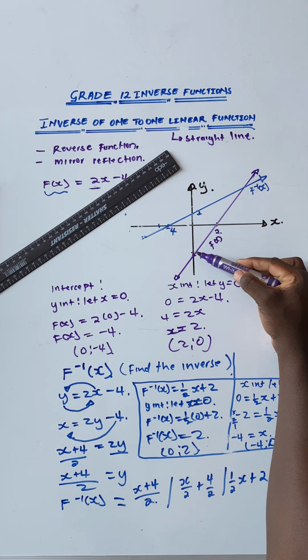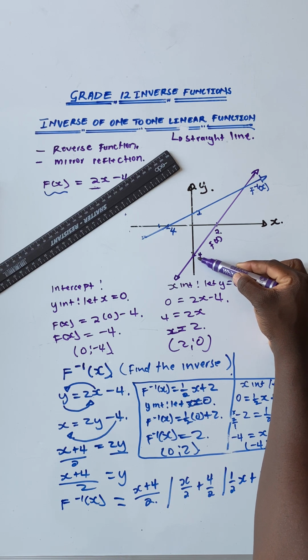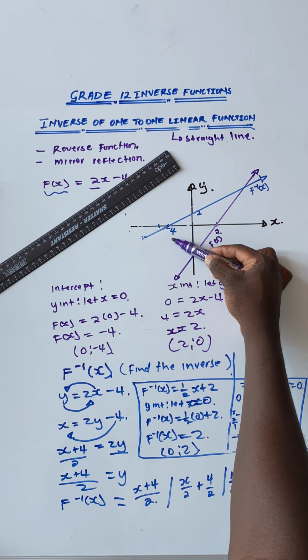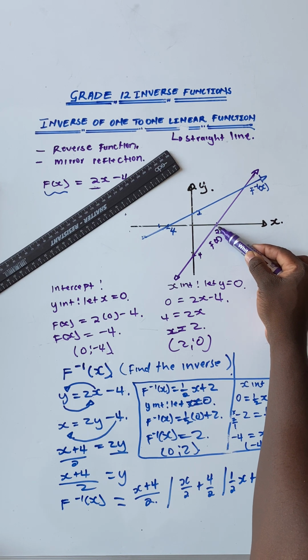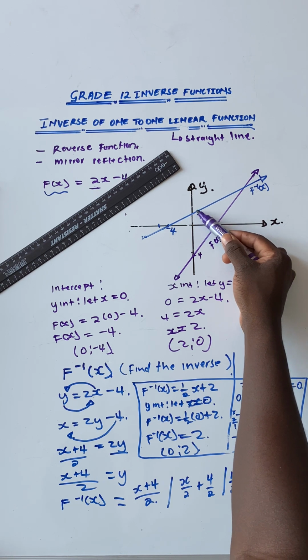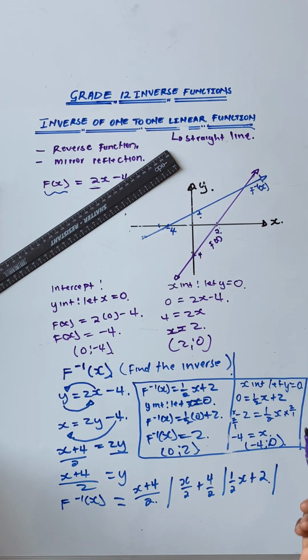So you see that the y-intercept here, which is negative 4, which is 0 to negative 4, is actually the x-intercept here, which is now negative 4 is to 0. And the x-intercept here for the original graph, which was 2 is to 0, is now 0 is to 2, which is now also the y-intercept of the inverse.